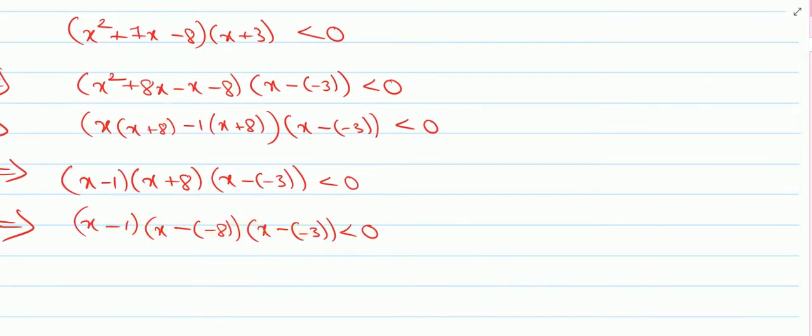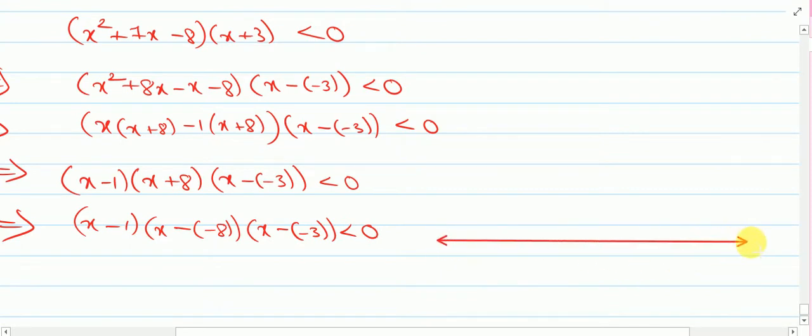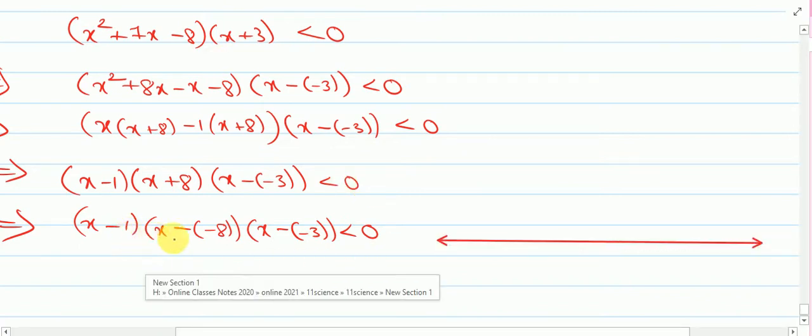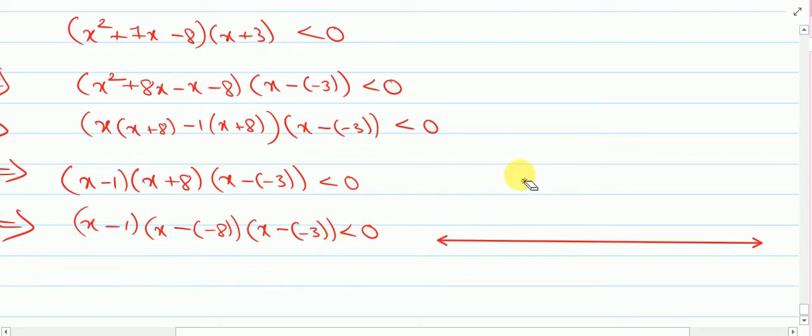Now we will draw the number line. This is the number line. Now we will write these numbers. Here we have 1, minus 8 and minus 3. So that means minus 8 will be here, then minus 3, and then 1.